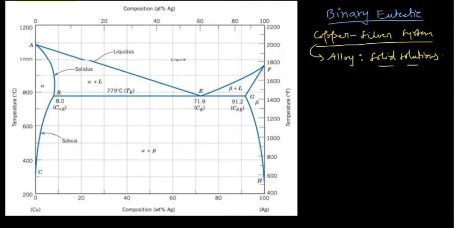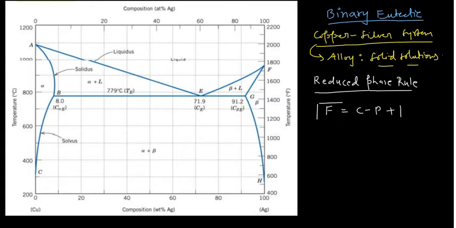Now, whenever you have a eutectic system, remember that you will apply the reduced phase rule to calculate the degrees of freedom. And you know the reduced phase rule: F equals C minus P plus 1, where F is the number of degrees of freedom, C is the number of components, and P is the number of phases. Why do we use the reduced phase rule in this case?